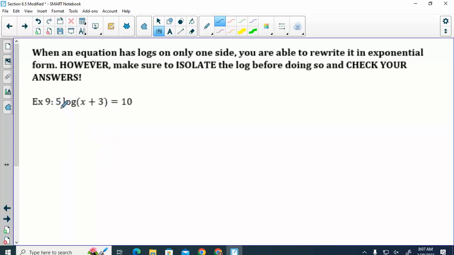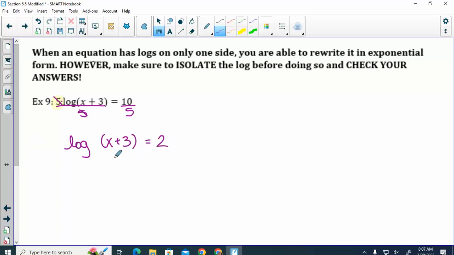So when I'm looking at this, I need to do something about the 5. You really have two options. Properties of logs say you could turn that into an exponent, or since this is 5 times log, we could just divide it over. Would you rather divide by 5 or have something to the 5th power to deal with? Divide. Probably much nicer. So then we have log of x plus 3 equals 2.